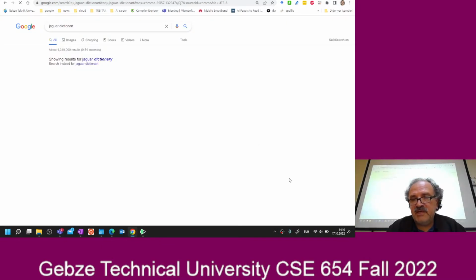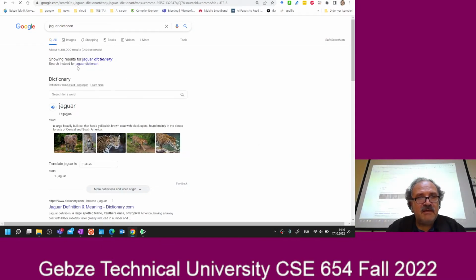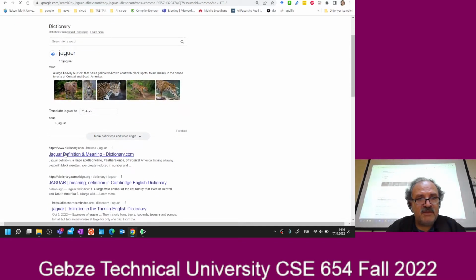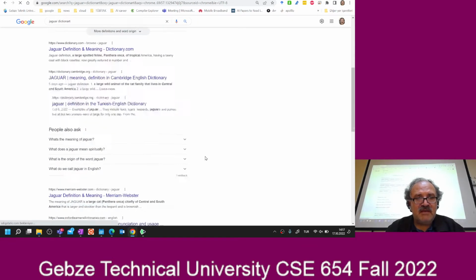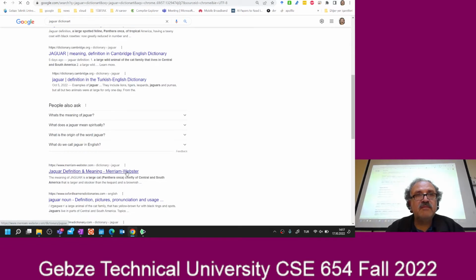Let's get it from dictionary.com. Well, the most common sense of jaguar is this animal, but there are other meanings of jaguar.